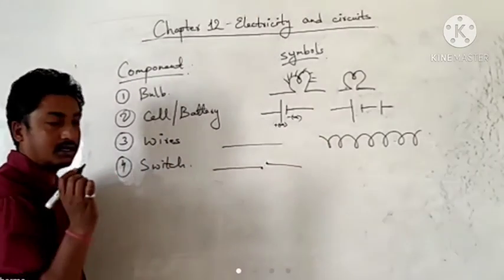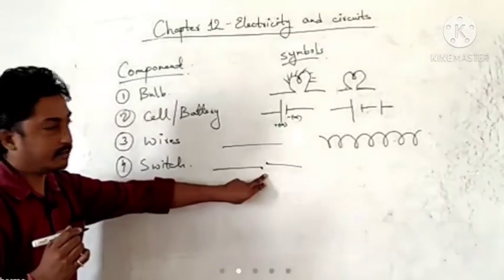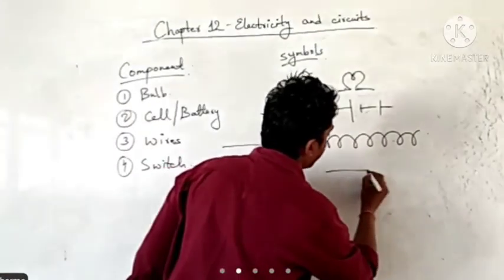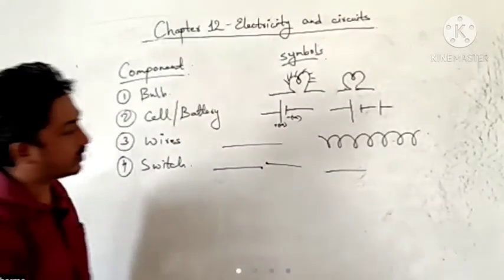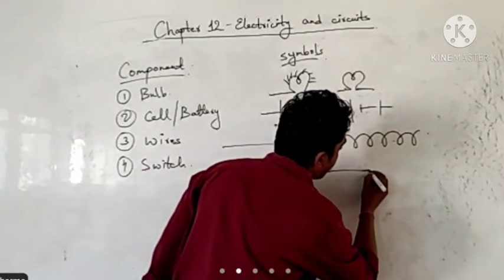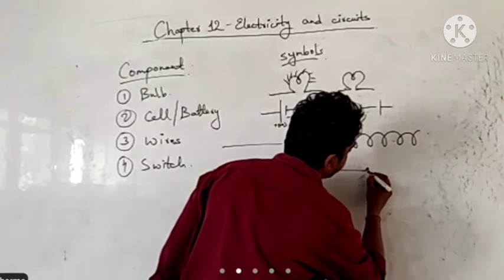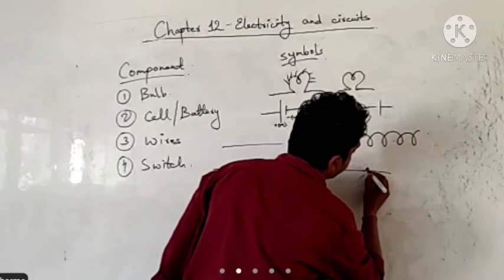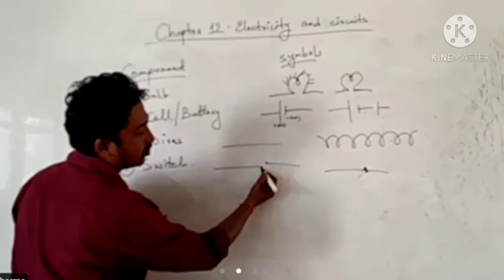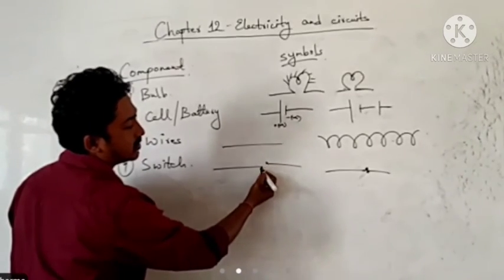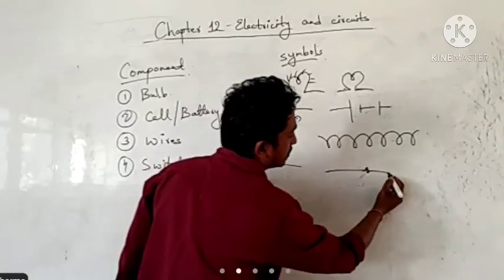This is the switch which is broken, but if it is connected we can put like this, or we can put it directly. This is connected, this is not connected because the end is not touching both, and this is connected.